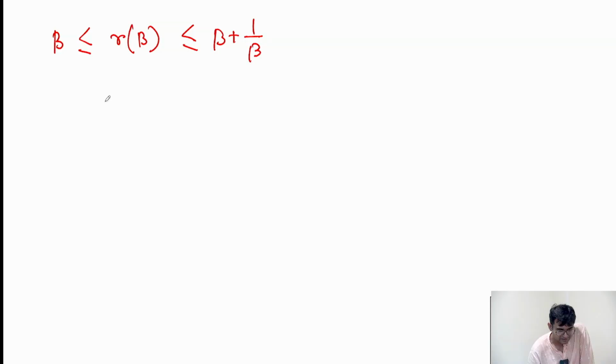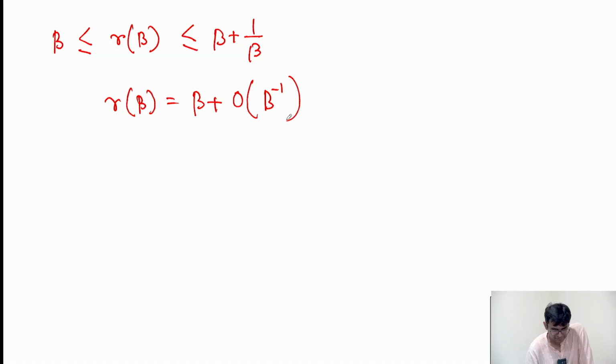So what will be the error if I take it to be beta? The order will be 1 by beta, that is beta inverse, right? So R beta I can write as beta plus an error of beta inverse. Now assuming that beta is large, but large is a relative term. Beta of 3 and above is large, okay.